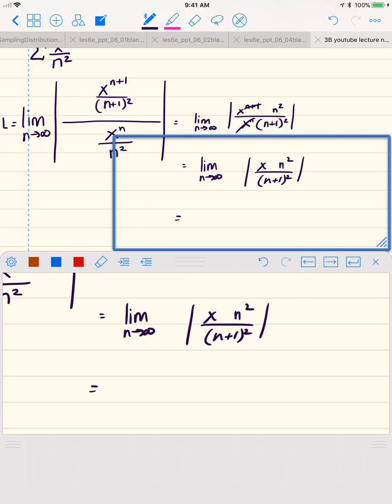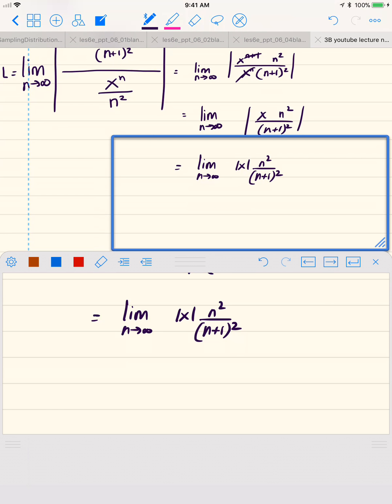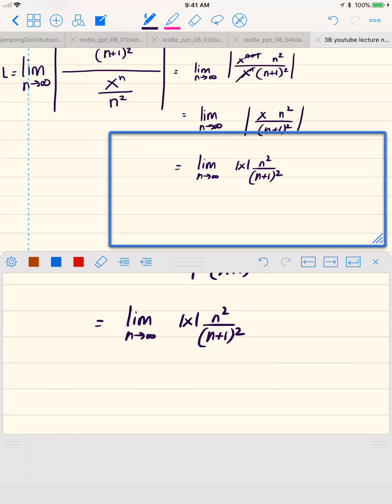Now notice that I can remove the absolute values around the n squared over n plus 1 squared, because the absolute value of n squared is just going to be n squared. Since n is a positive number, n squared and n plus 1 squared are going to be positive as well.